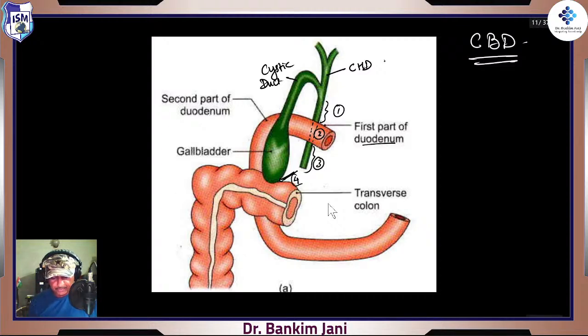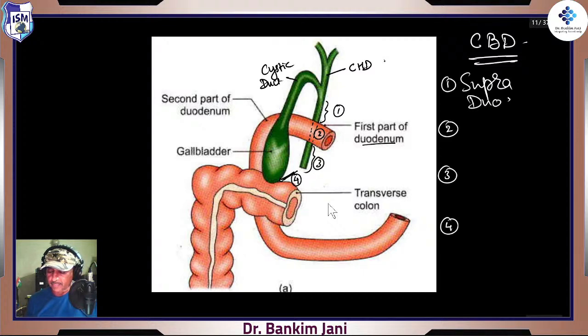So we'll just write 4. Let's name them 1, 2, 3 and 4. This is above duodenum. So simple. Supraduodenum. Then there is one which is just behind the duodenum. So we'll call it retroduodenum.